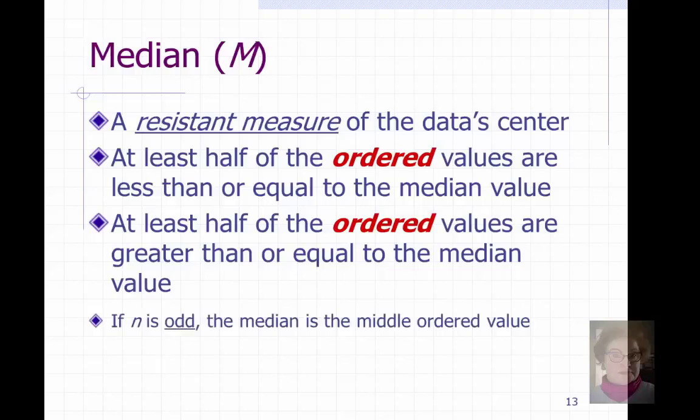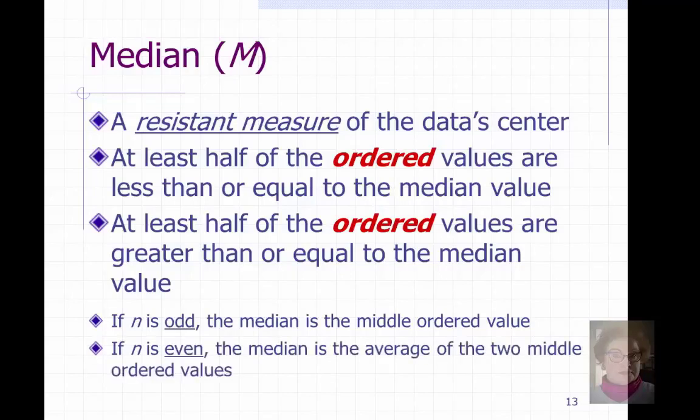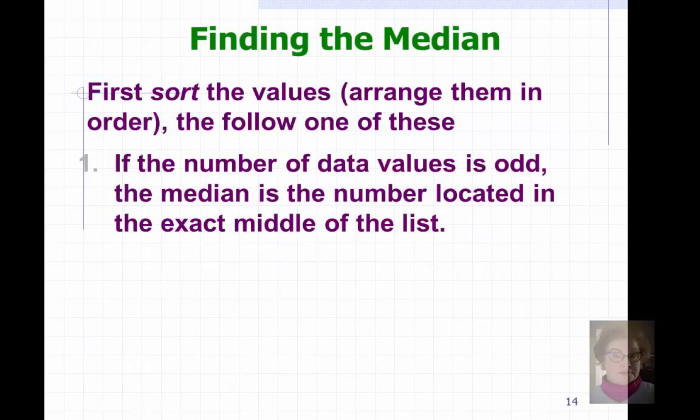If the number of data values is odd, your median will be a member of your data set. If your number of values is even, the median will be the average of the two middle ordered values, which may or may not be a member of the data set.